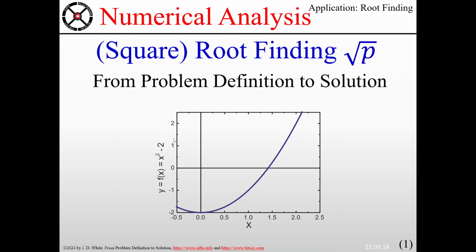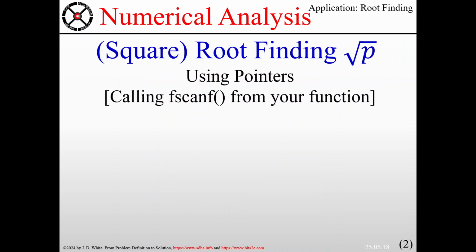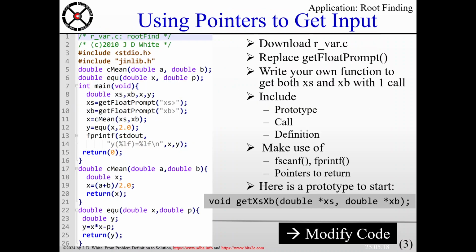This is a square root problem from problem definition to solution. The goal is to use pointers, calling f_scanf from your function, rather than using my function, which uses pointers.